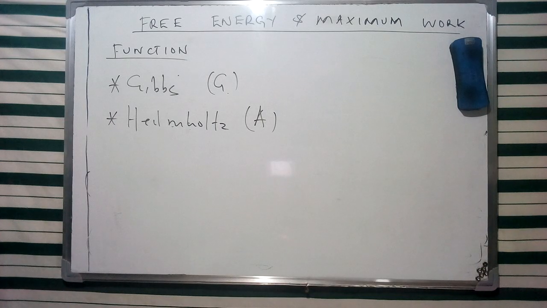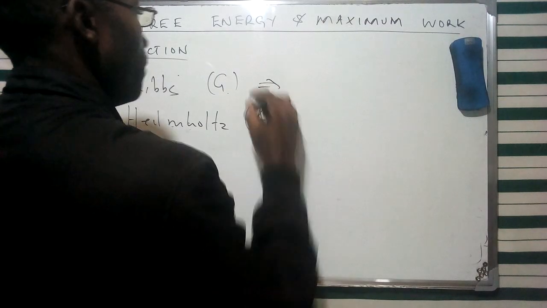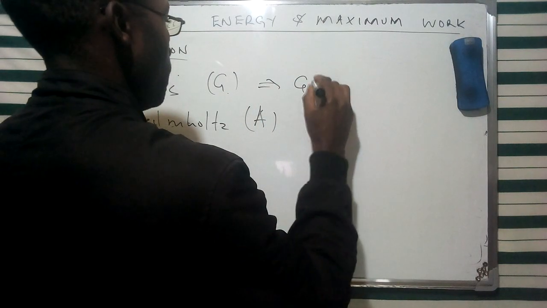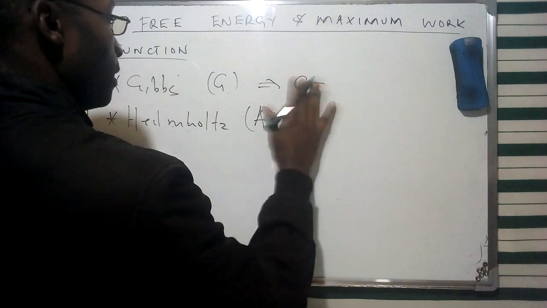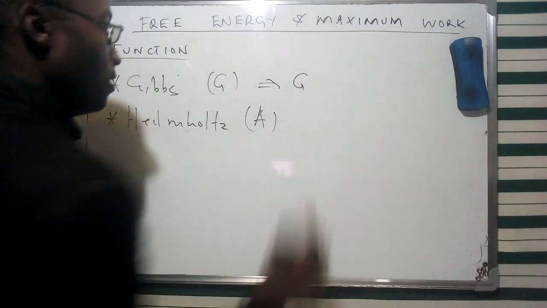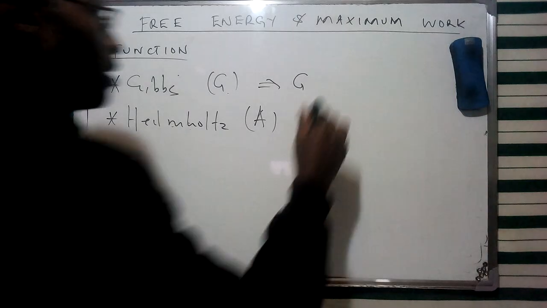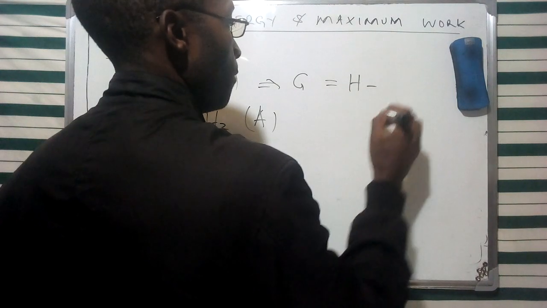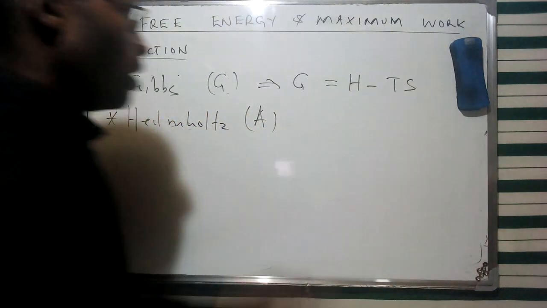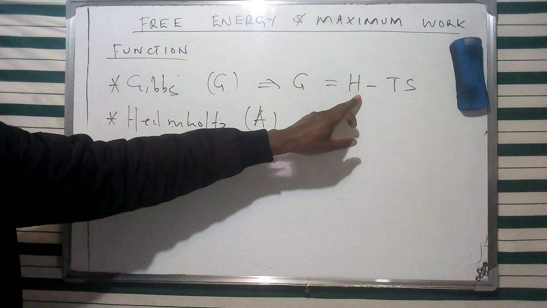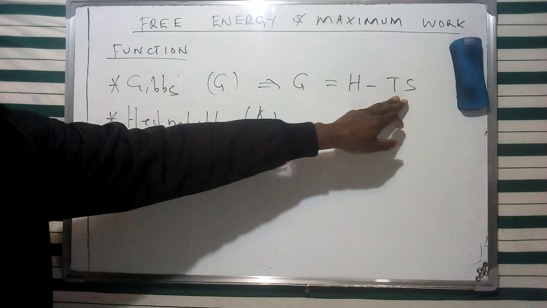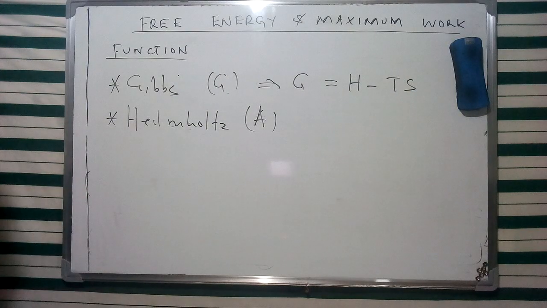And of course, they're going to be defined in a specific order, whereby we're going to have the Gibbs free energy, which is given as G, is given as the value of H minus TS, whereby we said that H is going to represent enthalpy, whereas T is absolute temperature, and S is going to represent entropy.